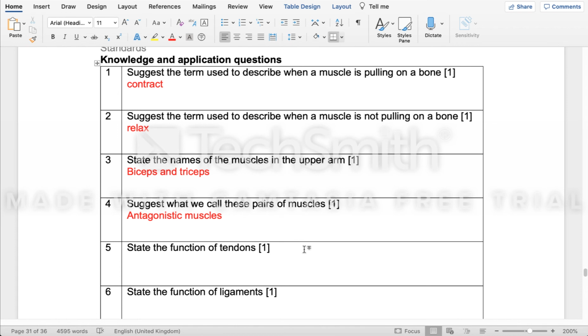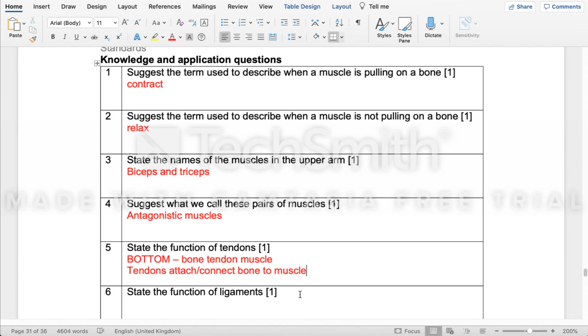State the function of tendons. So here we go. Those two words that I asked you to remember, blob and bottom. This one, tendons: T has bottom. That means that you have bone, tendon, muscle. So in this sense, tendons attach or connect bone to muscle.